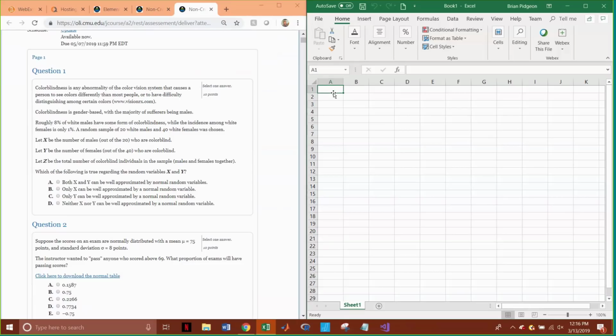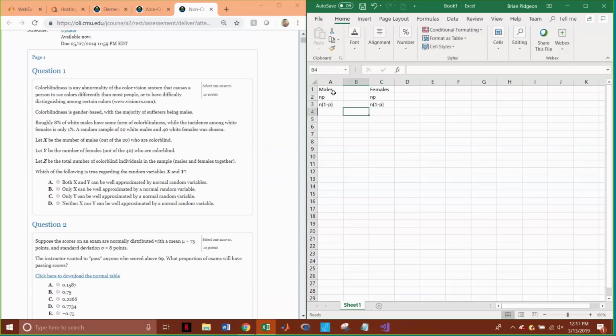So in order for both X and Y to be approximated by a normal distribution, two things have to be calculated. In each sample, we need the sample size times the probability and the sample size times 1 minus the probability. We need both of these to be at least 10 in both groups.